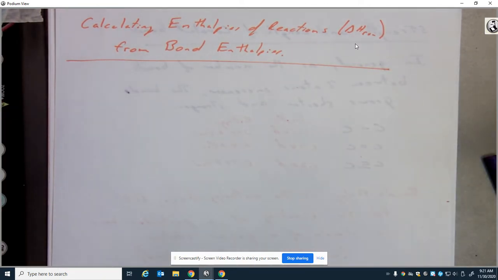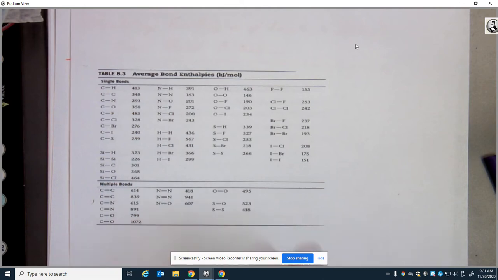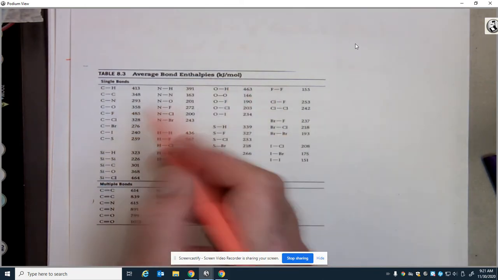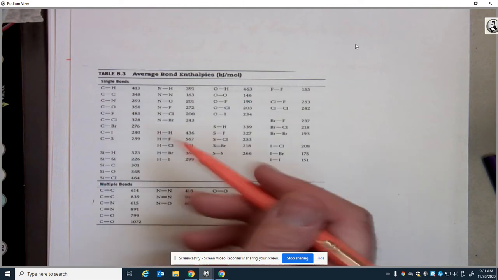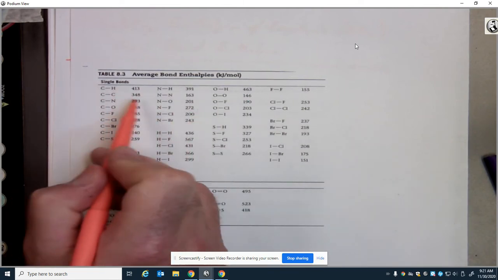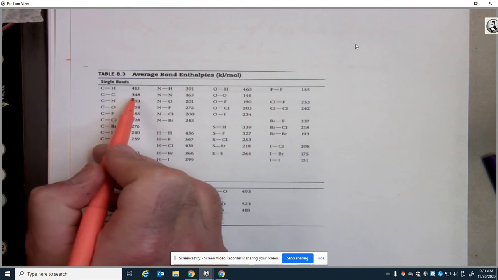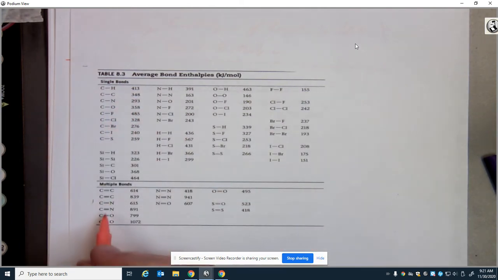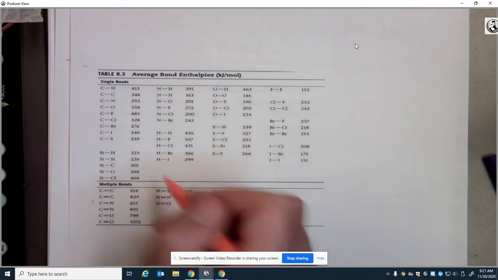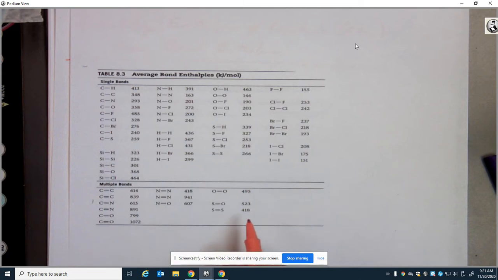Now, I actually copied this right out of the textbook. So these are some different bond enthalpies. These are all in kilojoules per mole, but it gives you a whole bunch of different bonds. So here's the carbon-carbon bond that we were just talking about. It's the single bond. Actually, they're listed down here. Here's your double bond. Here's your triple bond. But it gives you all these bond enthalpies. We can use these bond enthalpies to actually calculate some delta H's. Now, they're not perfect, but they get you really, really close.